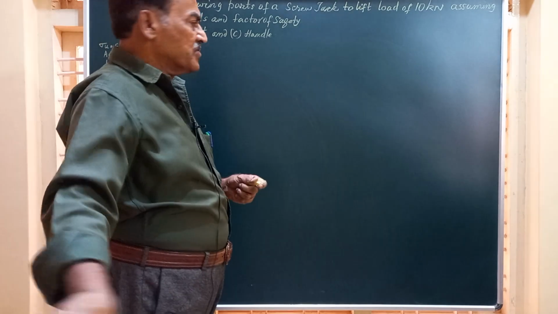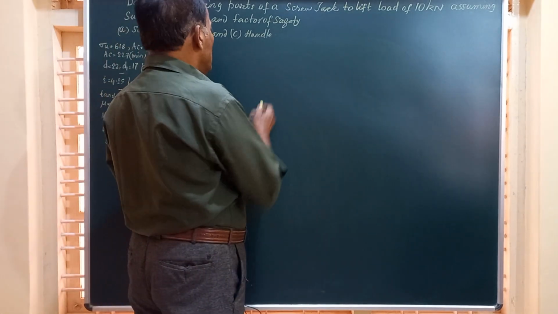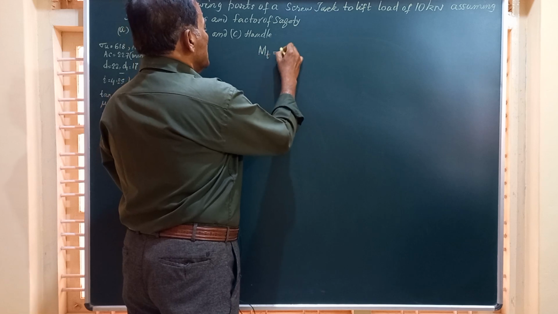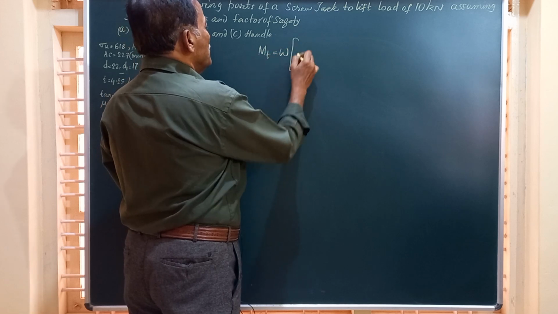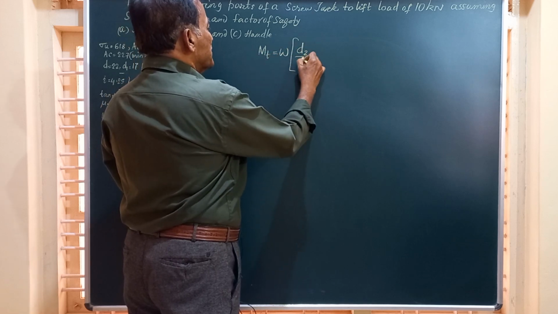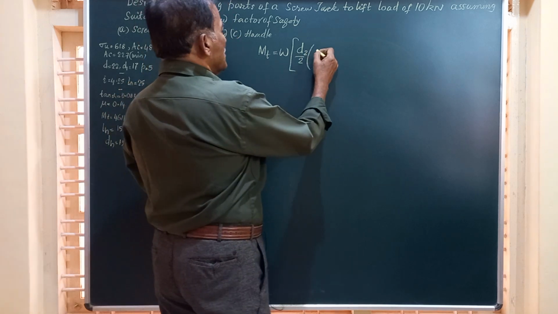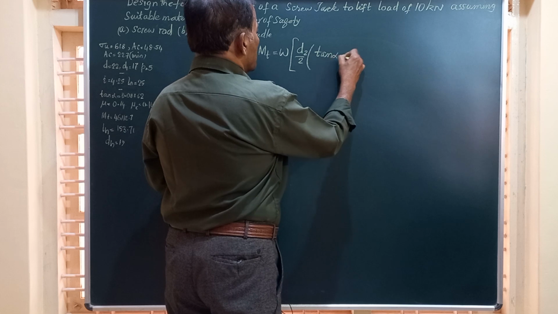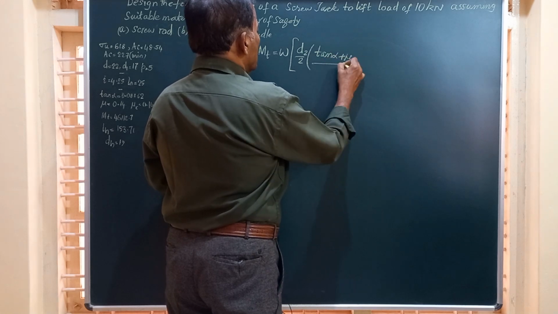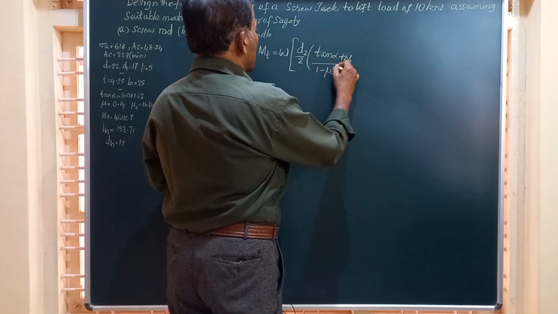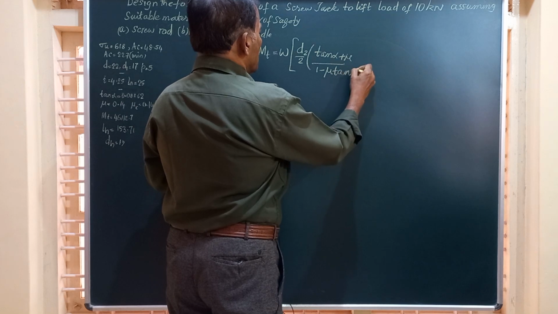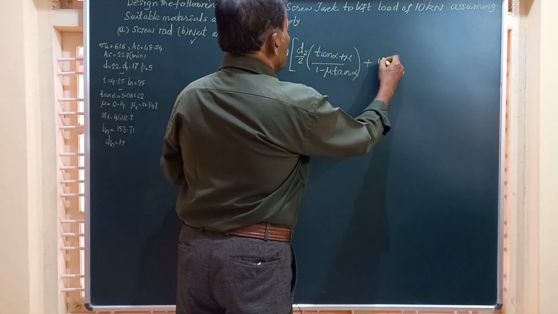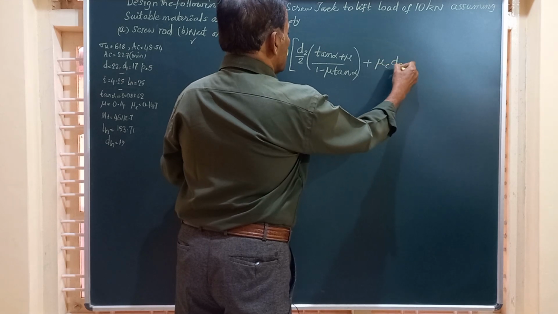And friends, if you refer to the machine design data handbook, the equation for the torque MT is given by this relation: W d2 by 2 times tan alpha plus mu divided by 1 minus mu tan alpha, plus mu c dc by 2.